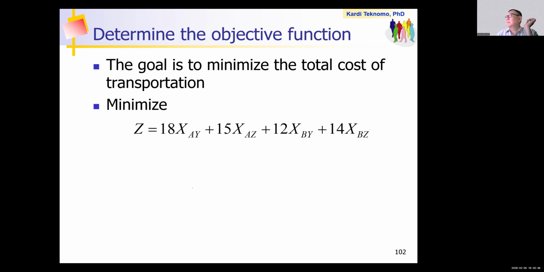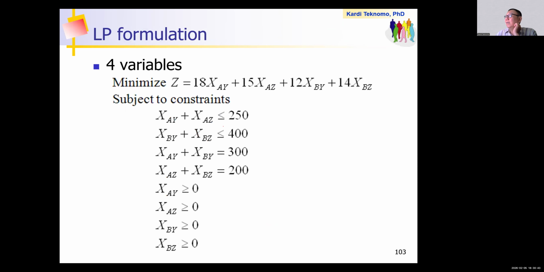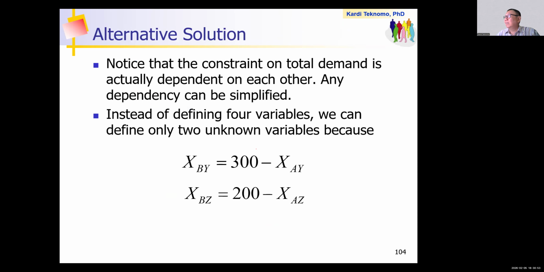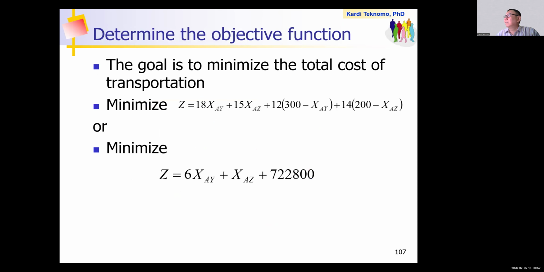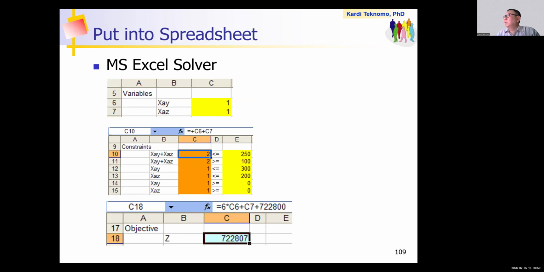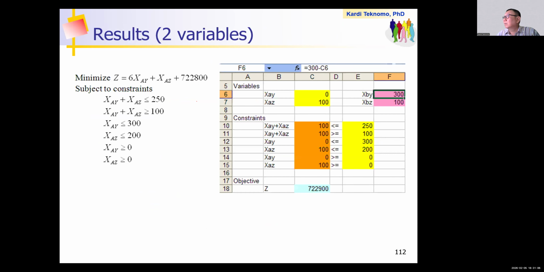This is the objective function from a while ago, and you want to minimize. These are the whole LP formulation, we just summarize all of this. If you want to use Excel, this alternative solution I will discuss later. What you will do is put the variables.